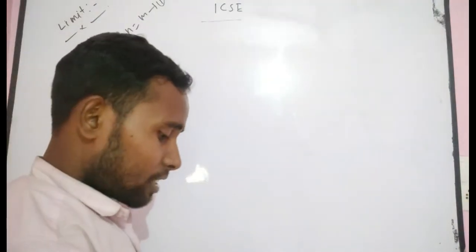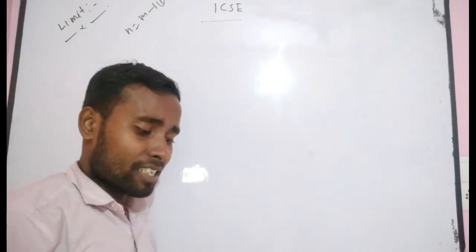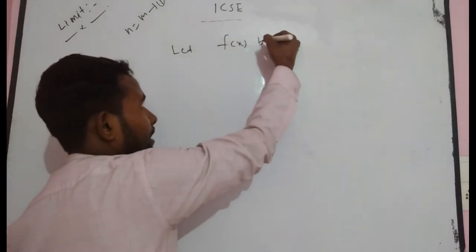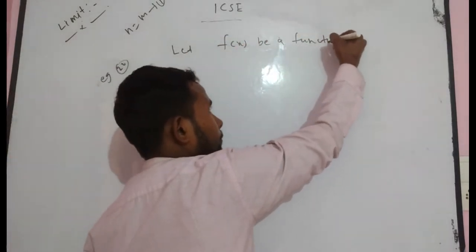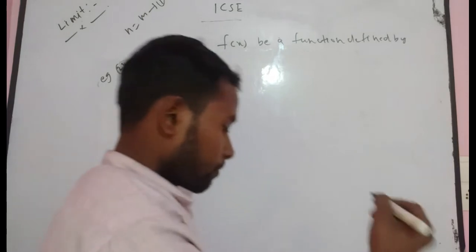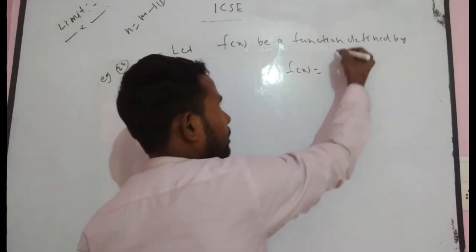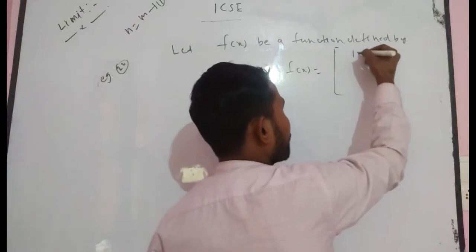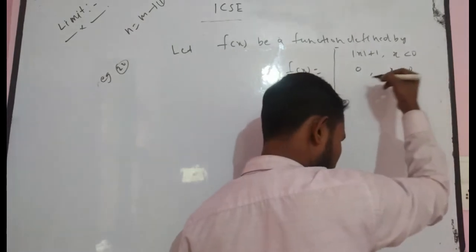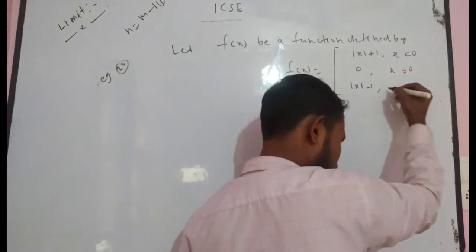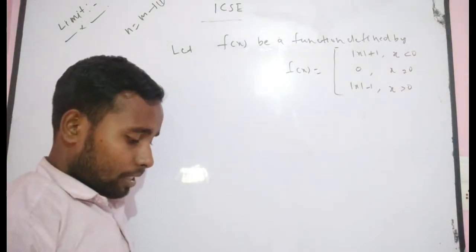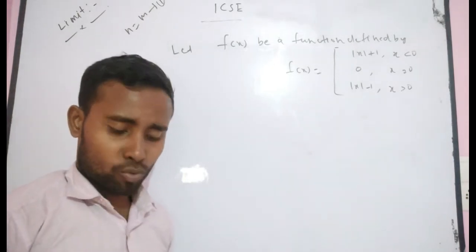In 22, it asks you: let f(x) be a function defined by three parts. f(x) is equal to mod x plus 1 if x is less than 0, is equal to 0 if x is equal to 0, and mod x minus 1 if x is greater than 0. There are three cases. For what value of a does the limit as x tends to a of f(x) exist?